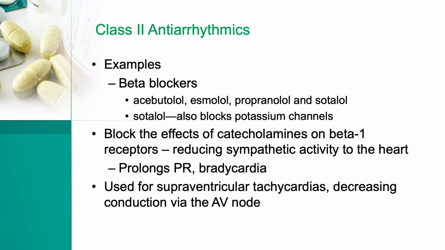Beta blockers block the effects of catecholamines, or epinephrine and norepinephrine, on beta-1 receptors, reducing sympathetic activity to the heart. They are highly effective at treating supraventricular tachycardias, decreasing conduction via the AV node. Since we have covered beta blockers previously, I'm not spending much time on them.